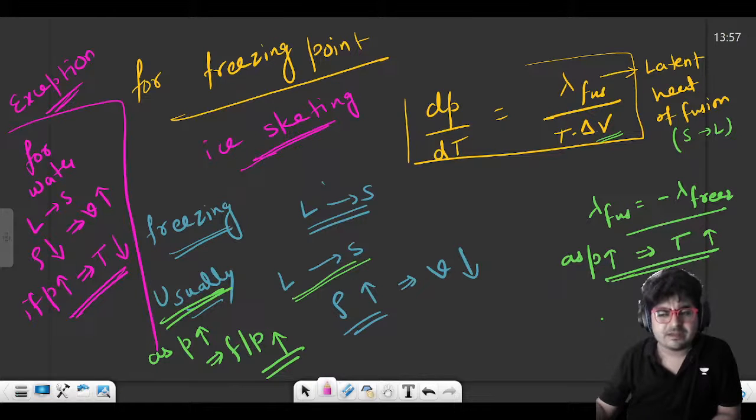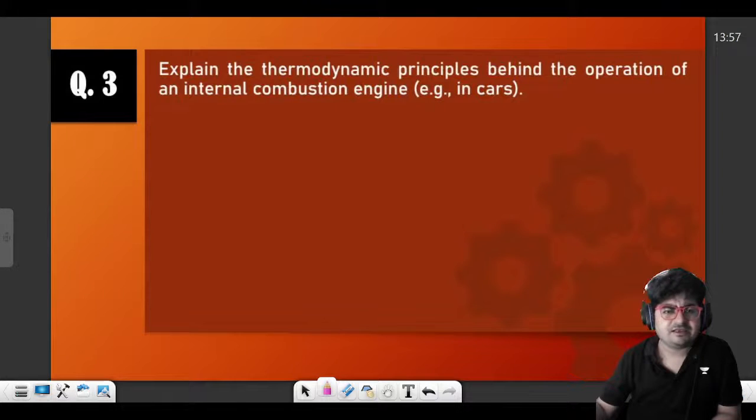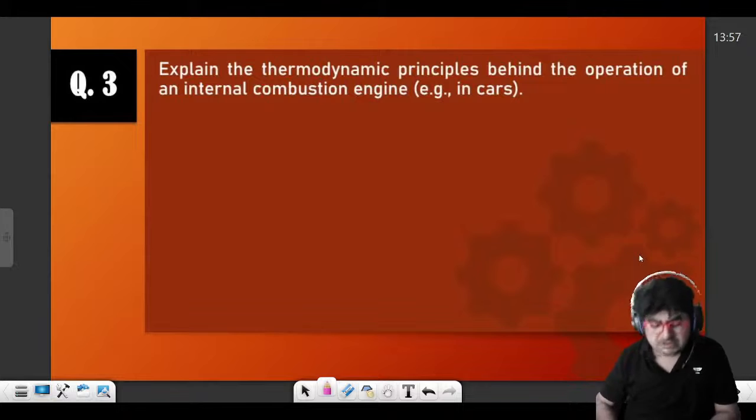ठीक है, तो आगे बढ़ते हैं. हमारा नेक्स्ट क्वेश्चन है, explain the thermodynamic principles behind the operation of combustion engine, internal combustion engine, for example car, bike. So this is a very common interview question.